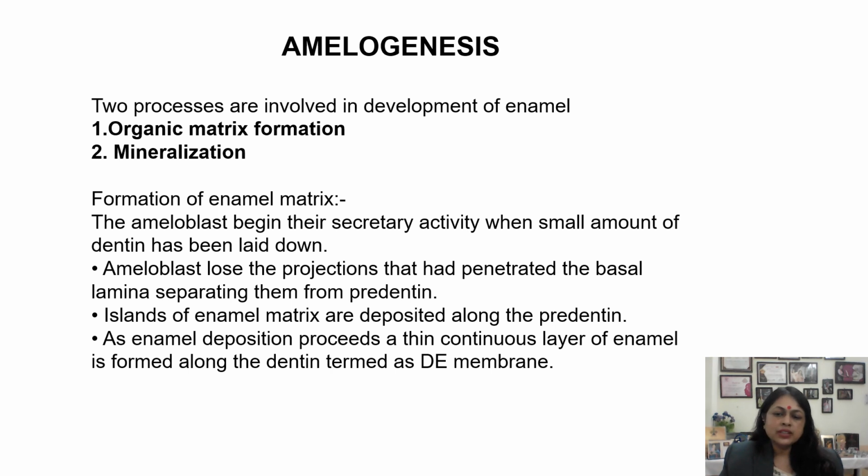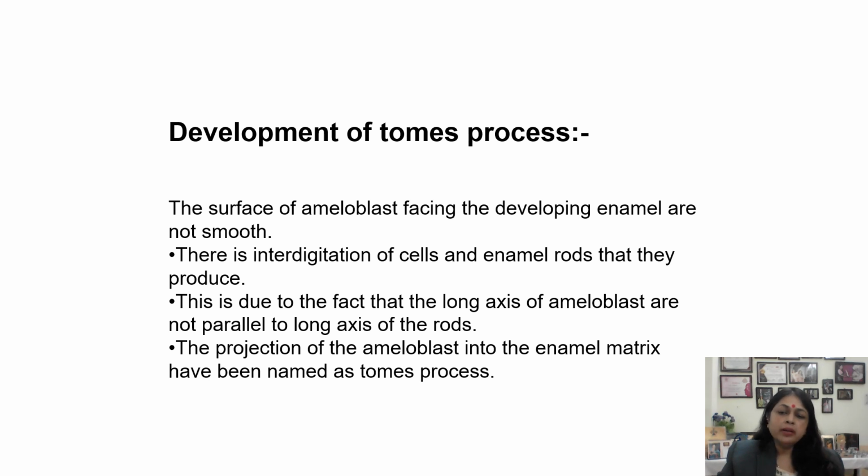So this is the first part that happens in amelogenesis. First, there has to be a layer of dentine, then the projections that were there disappear, so that the enamel matrix is laid down directly onto the layer of dentine, and this is your future dentino-enamel membrane.